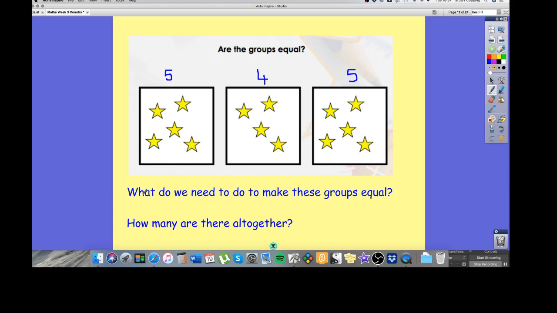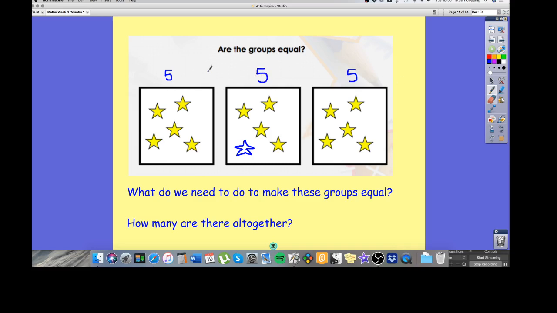The second question then says, what do we need to do to make these groups equal? So if we want to make them all equal, what are we going to do? Well, we're going to add another star to there. And that means that one is no longer 4, it is 5. Okay?